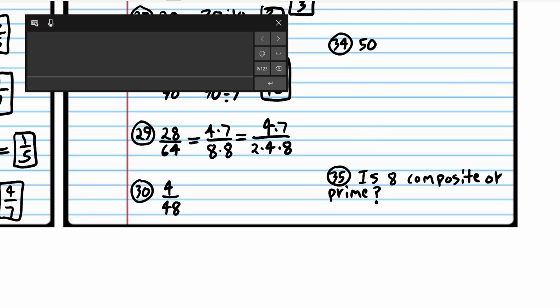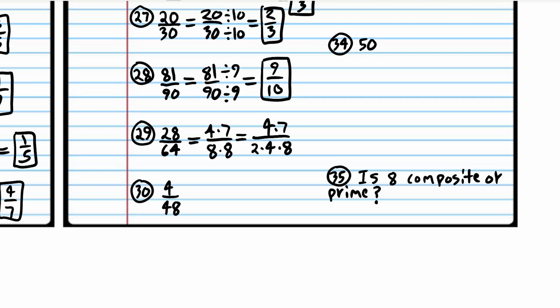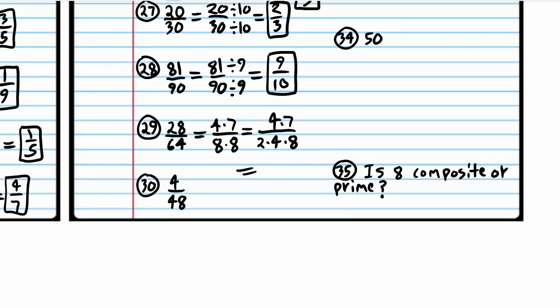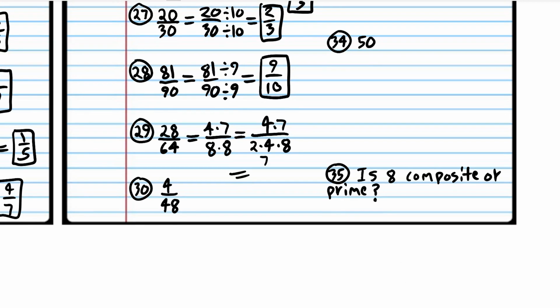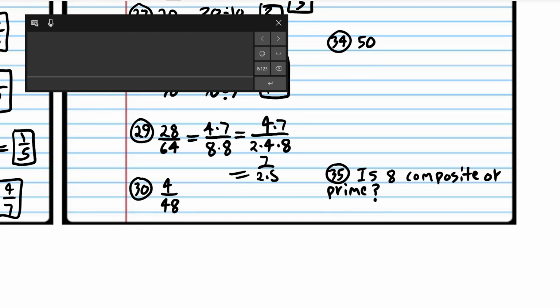So again, I know that sounds really complicated, but that's all you really need to know: you factor the numbers. Factoring means you break the numbers apart into a product, a multiplication expression, and then if a number is on the top and the bottom, you can just make it disappear. And so if the 4 disappears, you end up with 7 over 2 times 8.